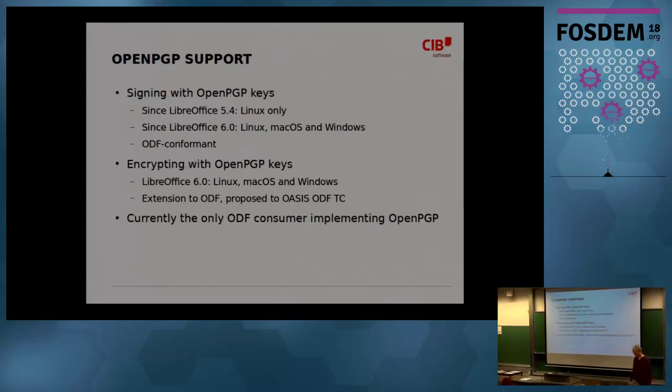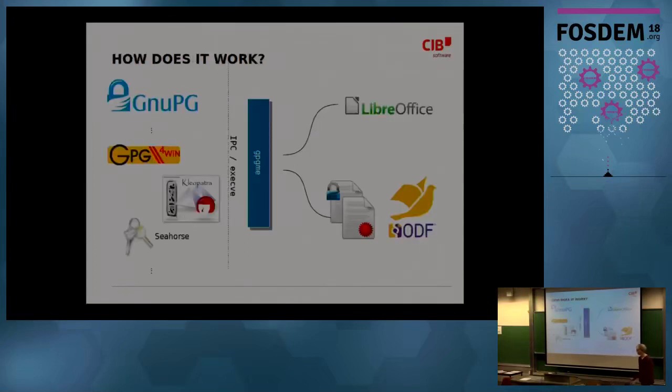I don't know. Currently LibreOffice is the only ODF consumer implementing this. But we hope that more will follow. Svante, what's your take with ODF Toolkit, and there are Apache OpenOffice developers here.